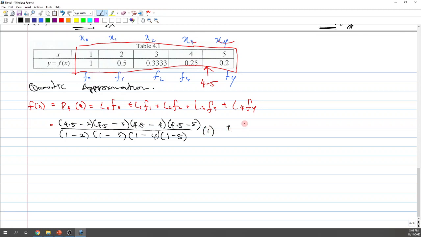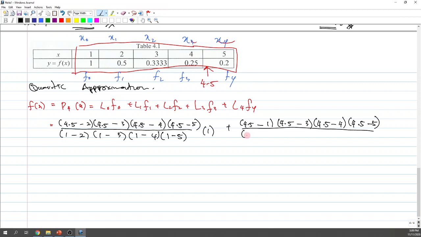Plus the second component: 4.5 minus the values other than x1, so 4.5 minus 3, 4.5 minus 4, 4.5 minus 5.